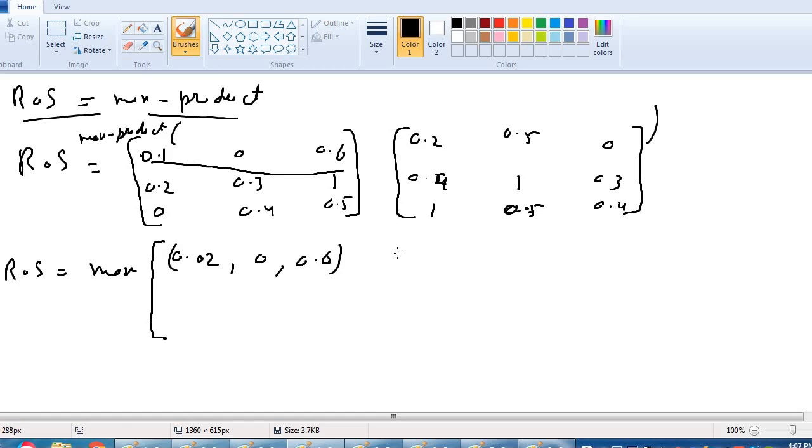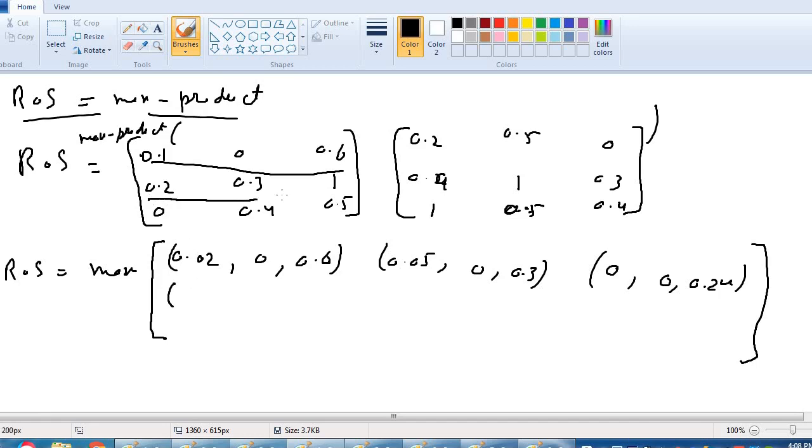And now we go to the second one, we will get 0.1 into 0.5, we will get 0.05, then 0, then 0.3. Similarly, now we multiply first row with third column. We will have 0, then again 0, 0.6 multiplied by 0.4, we will get 0.24.